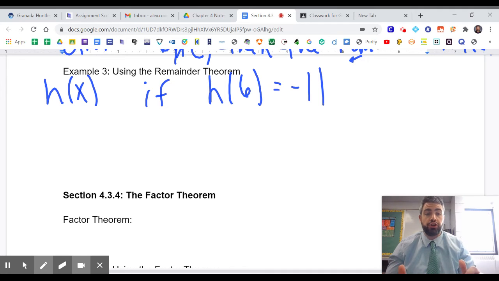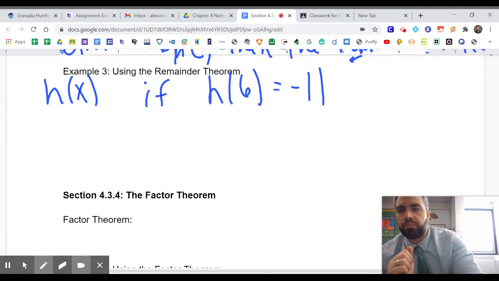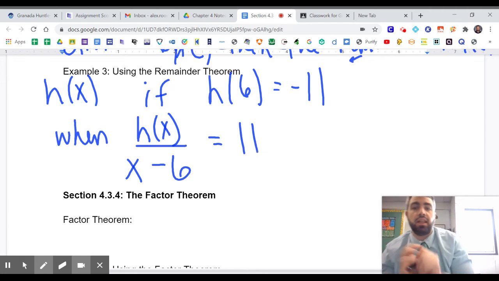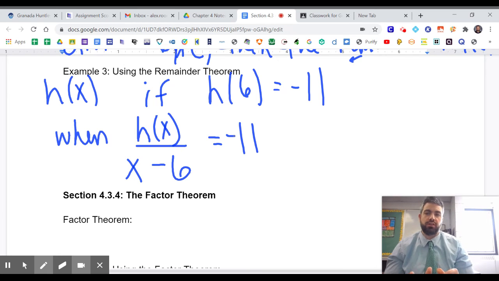Well, what I know for sure is that when h of x is divided by x minus 6, the remainder is -11, or excuse me, it equals -11. I know for sure that's the case. I don't know anything more than that, and that's not important at this point. But this is what I know to be true.